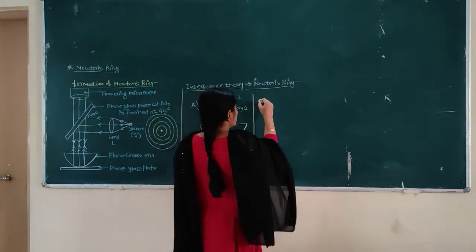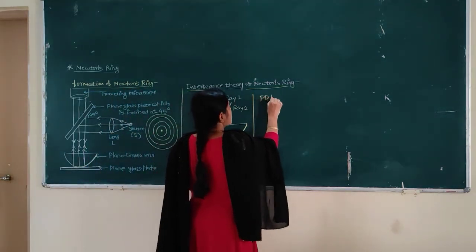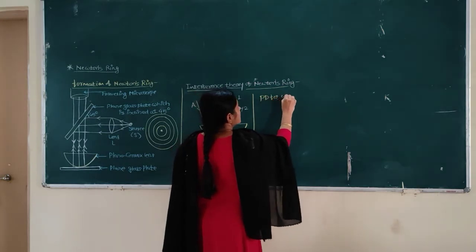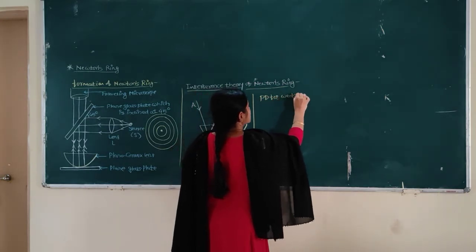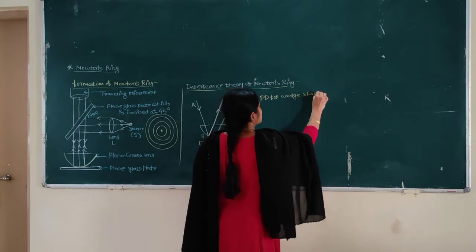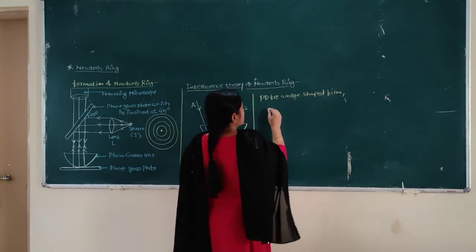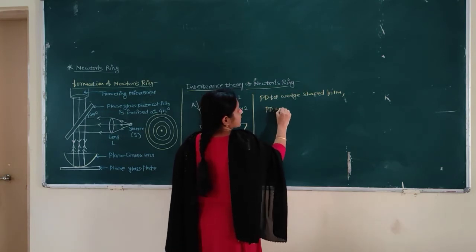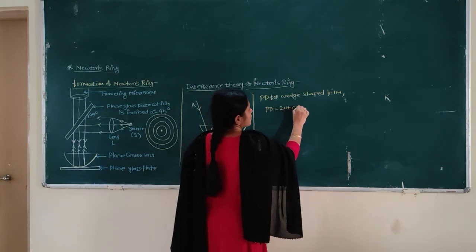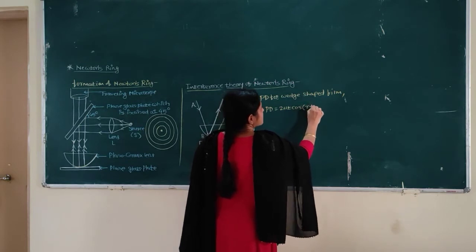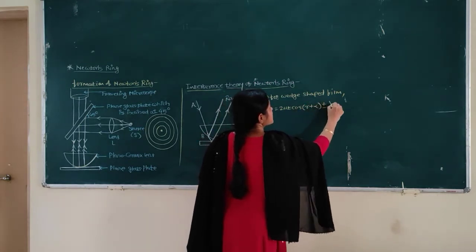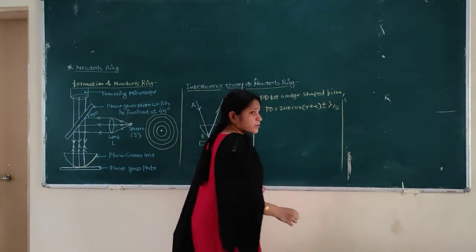So we can write path difference: 2 mu t cos of (r plus alpha) plus minus lambda by 2.